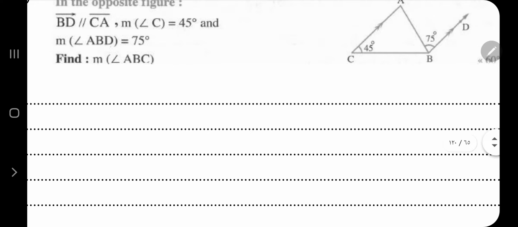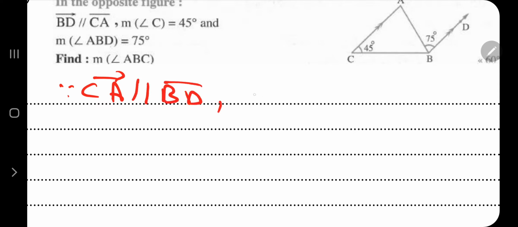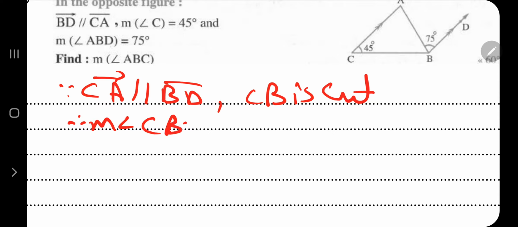He asked me to get the measure of the angle ABC. Since CA is parallel to BD, and CB is a transversal, that means the measure of angle CBD equals 180 minus 45, which is equal to 135.